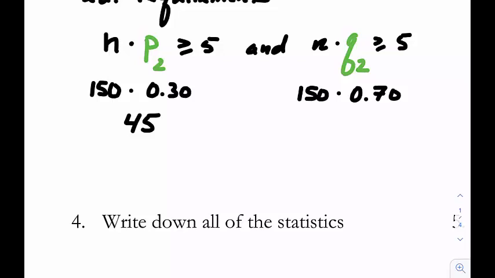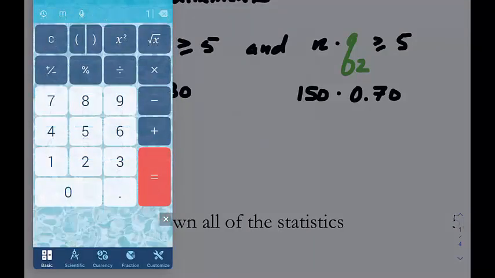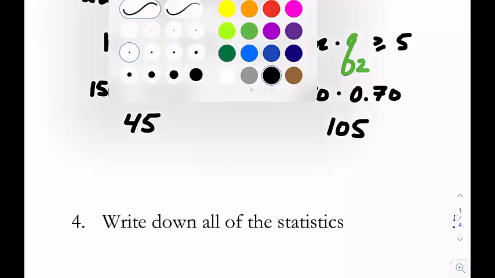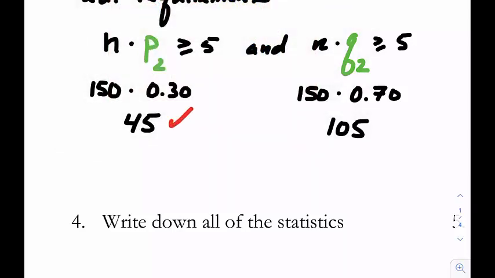For its complement, let's go grab a calculator again. Take 150 and multiply that times 0.70, and we get 105. Both of those meet that requirement. 45 is greater than or equal to 5, and so is 105.